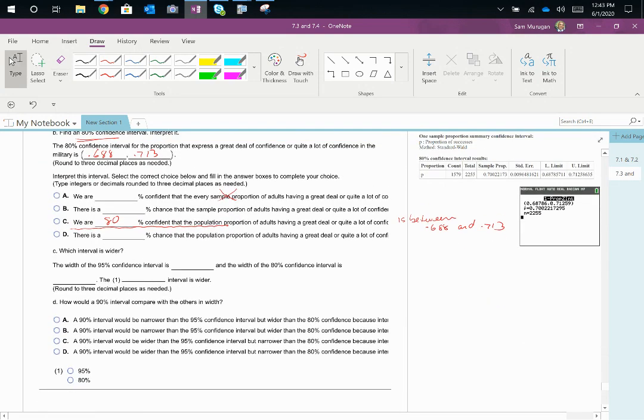The question continues, which interval is wider? The width of a 95% confidence interval, is it wider than an 80%?